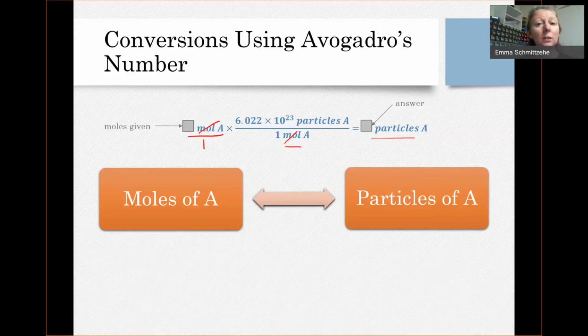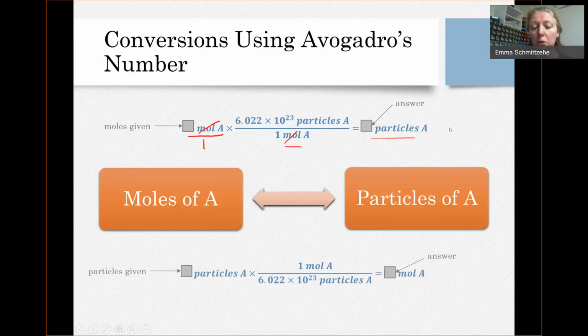And you can do this in the reverse. You can go from particles to moles. If you were given how many particles, so how many atoms or how many molecules of something, then you would start with that value, and again, that value is really that over 1.